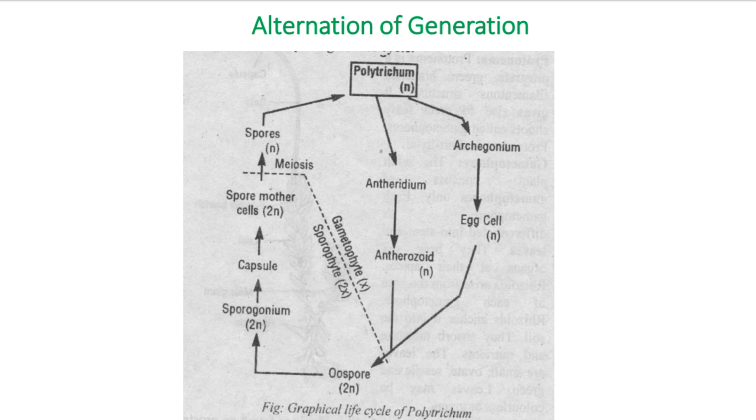After germination, they produce the protonema, which is the juvenile stage, the very primary stage, the beginning of the gametophytic plant body of Polytrichum. And at maturity the protonema produces the matured gametophytic plant body. So in this way, this is the very easy life cycle, or alternation of generation, of Polytrichum.